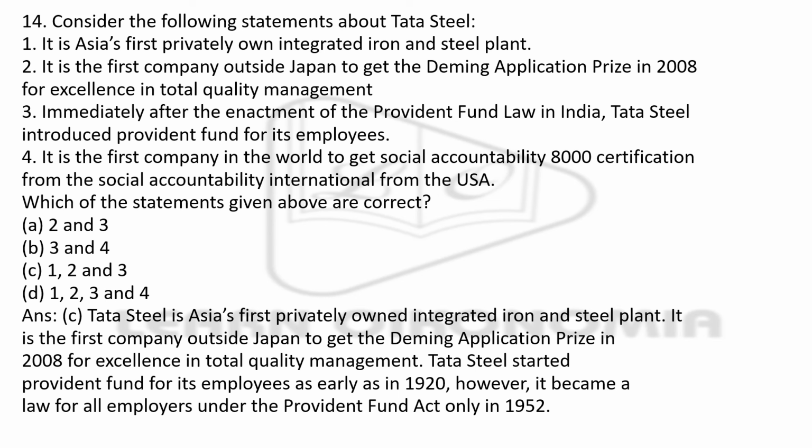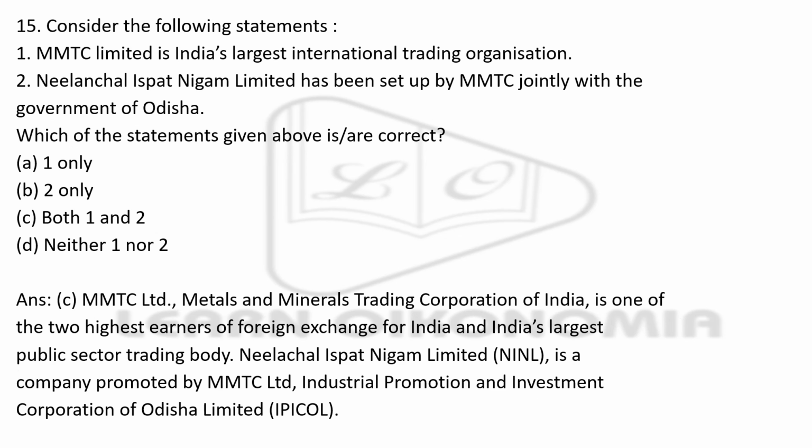Next, it is the first company in the world to get SA 8000 social accountability certification from Social Accountability International of the USA. So the right answer is statement 1 is true, statement 2 is true, and statement 3 is true. Okay, so option C is the right answer.